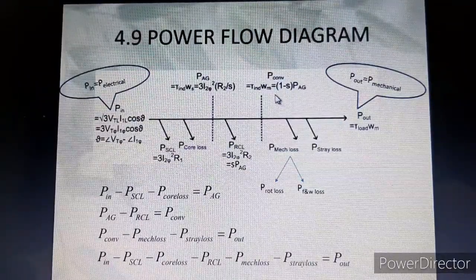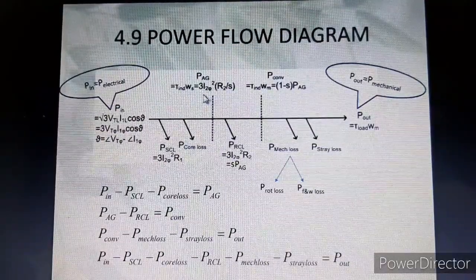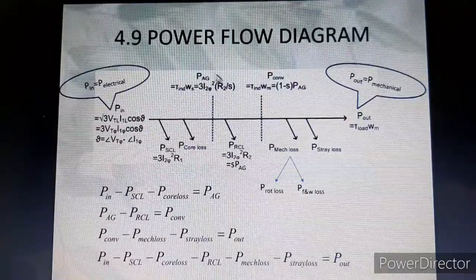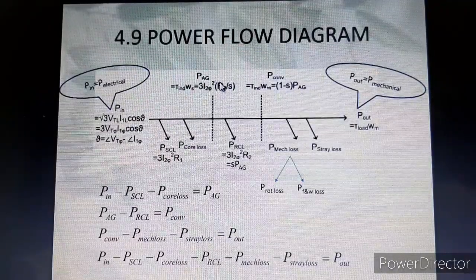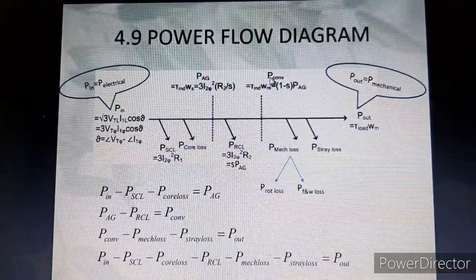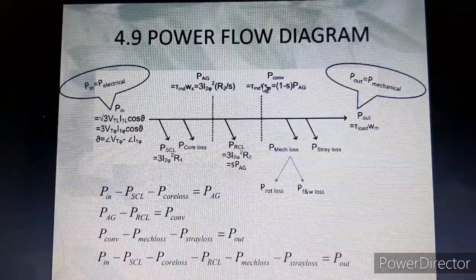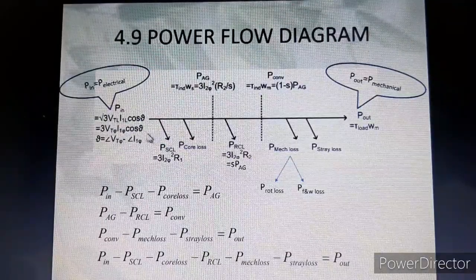So what is the dotted line? The first dotted line is the air gap power, PAG, which is the power at R2/S. And the second dotted line is your converted power, P converted.